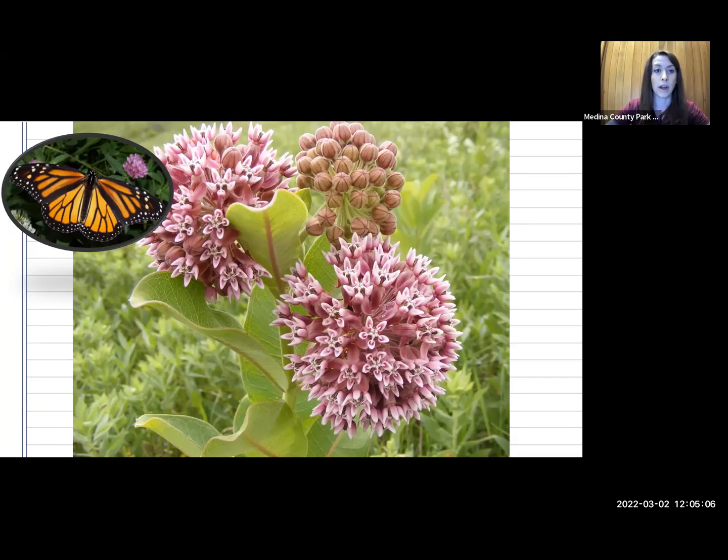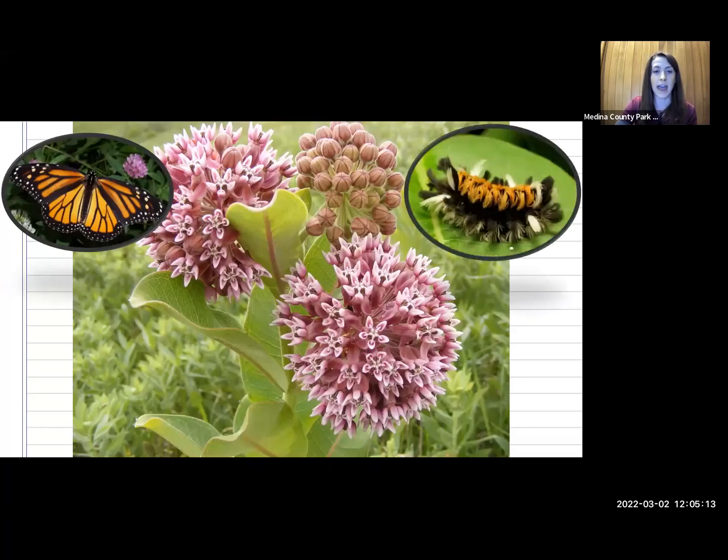Monarch butterflies are talked about a lot, and milkweed as their host plant is talked about a little bit, but there are lots of other insects that have complex and essential relationships with this plant as well that maybe some of us have never heard of before. There's the milkweed tussock moth, which has developed the use of those toxins in the same way.